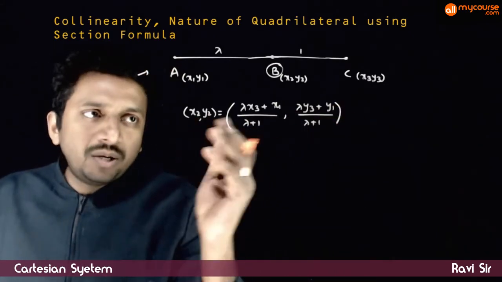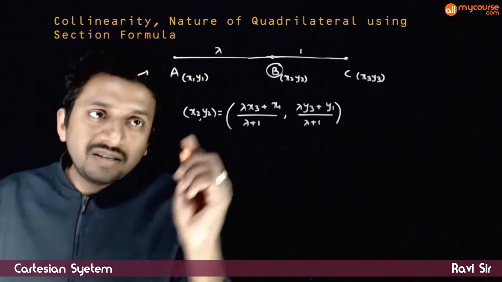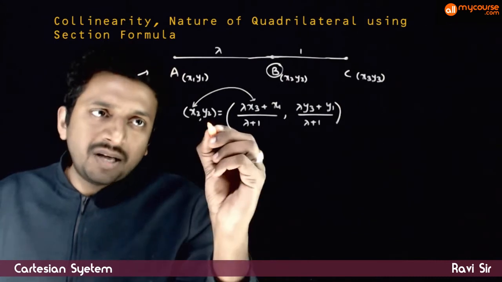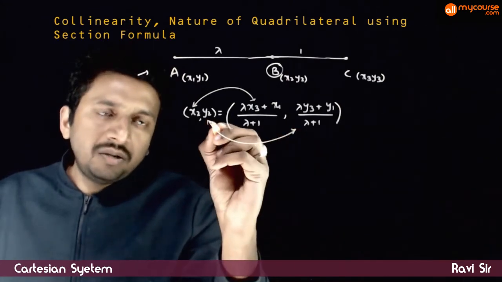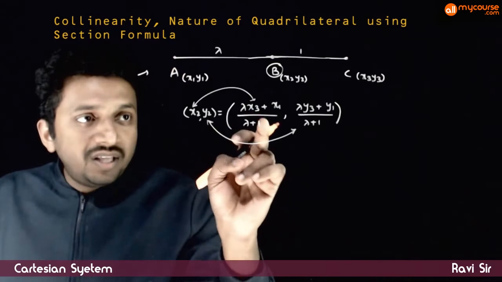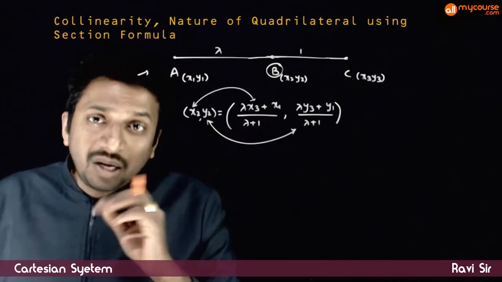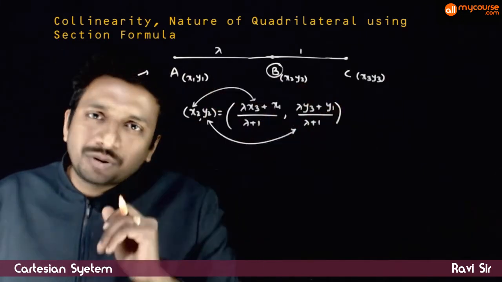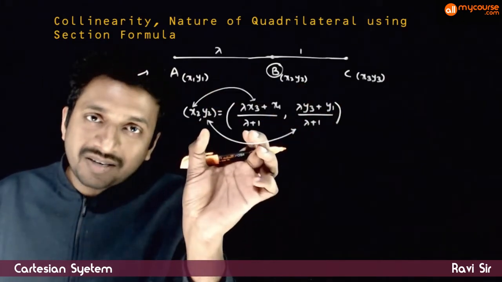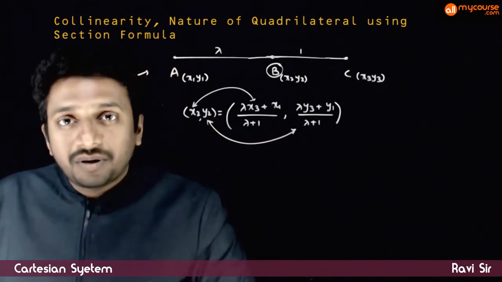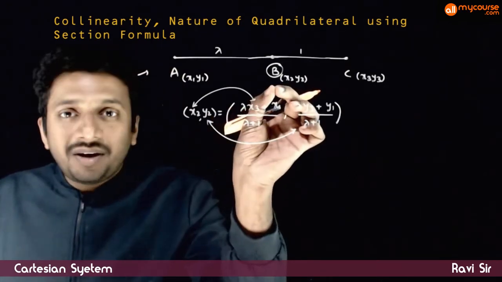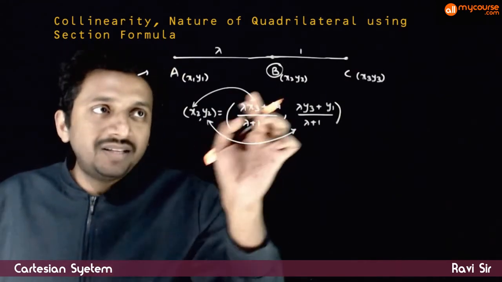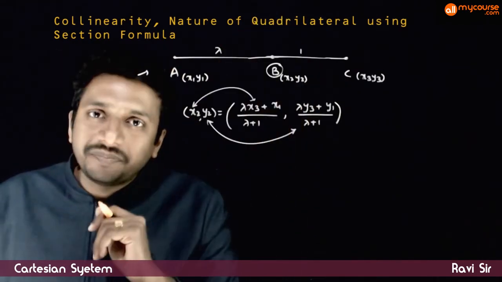So x2 y2 is equated to this. So from the first equation you get some value of lambda, from the second equation you get another value of lambda. If these two values of lambda are equal, that means that B divides AC in certain ratio. If lambda from x coordinates is different from lambda from y coordinates, that means this point does not divide AC in any particular ratio. That means B lies outside AC.